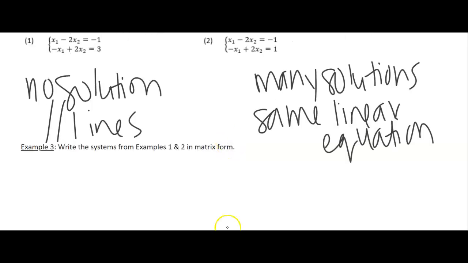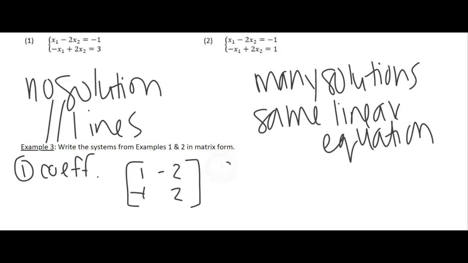All right, I want to go ahead and write these two in what we call matrix form. Now, the coefficient matrix is just going to be the numbers in front of your variables. So here in example 1, my coefficient matrix would be 1, -2, -1, 2.